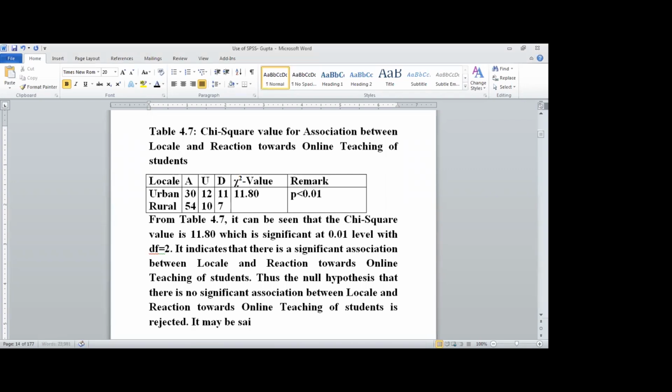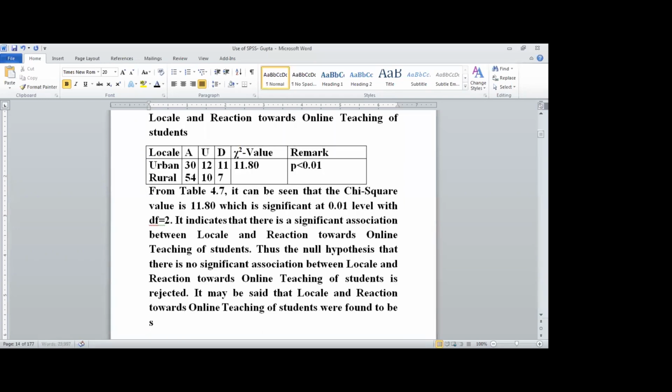So it may be said that locale and reaction towards online teaching of students were found to be significantly associated.